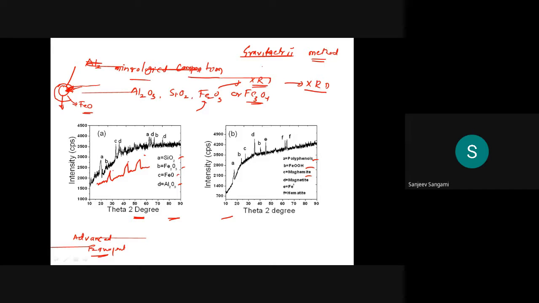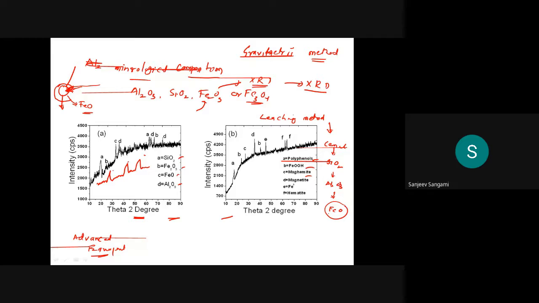Also there are some leaching methods, and now they have developed leaching methods. What we normally do in the leaching method is take the cement and extract only SiO2 and find it out, and sometimes we extract only Al2O3, and sometimes only FeO, and see how much is there.